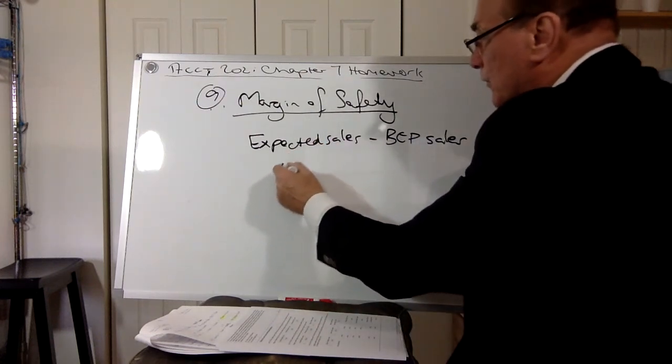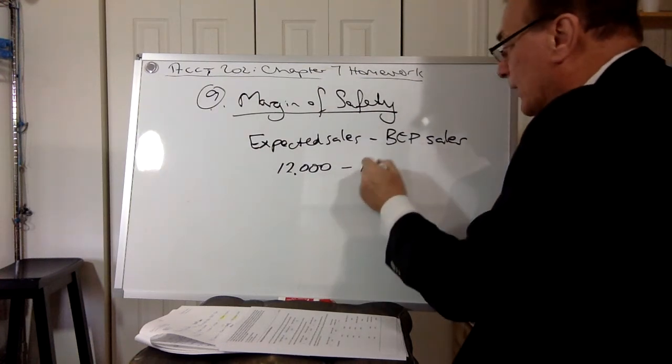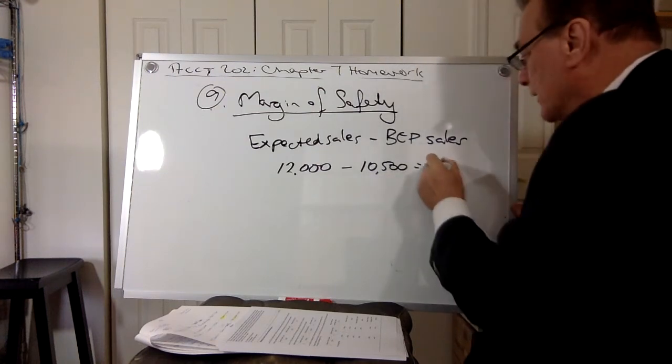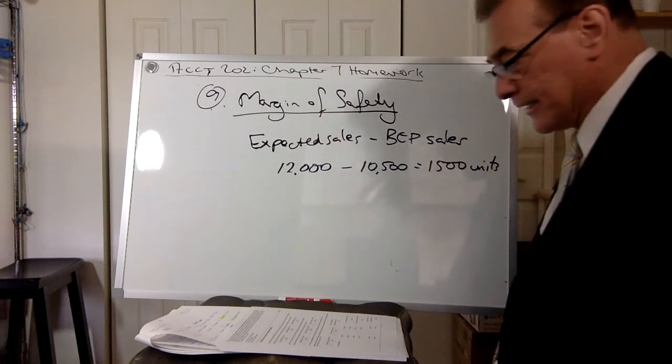So they expect to sell 12,000 tickets, and the break-even we worked out before was 10,500. So the margin of safety in units is 1,500 tickets.